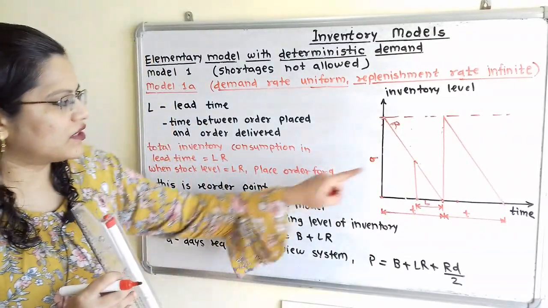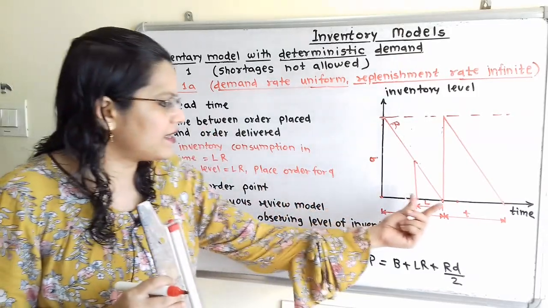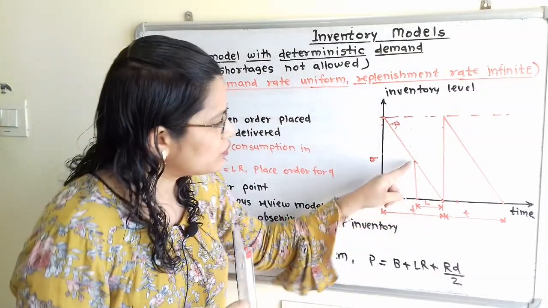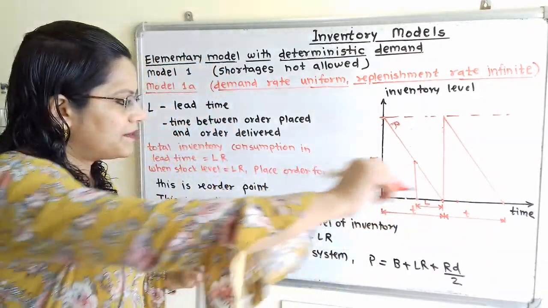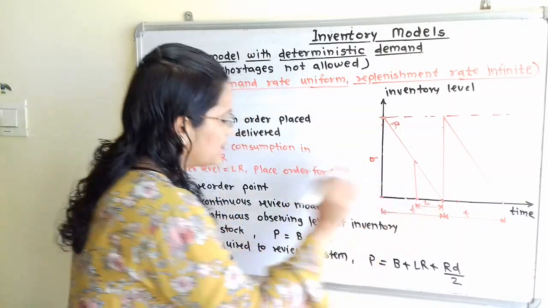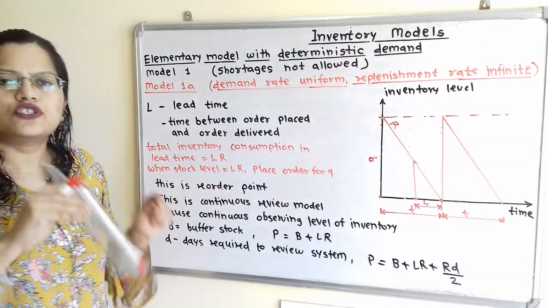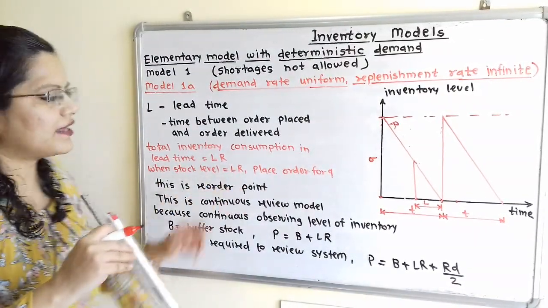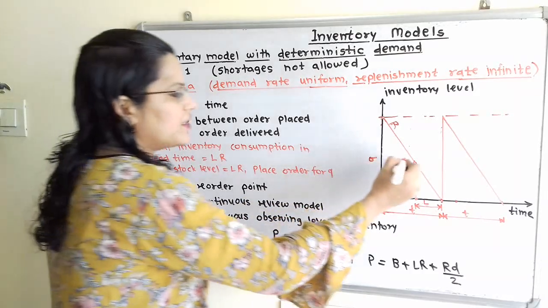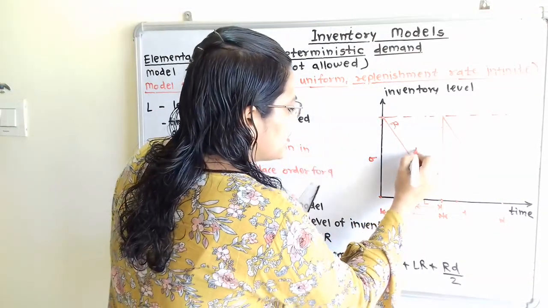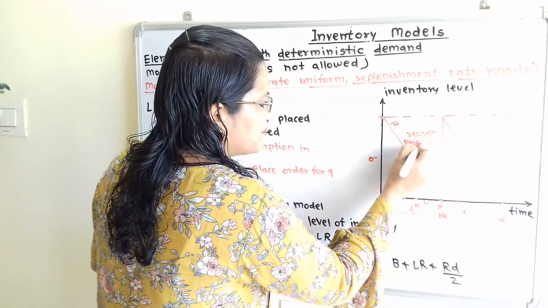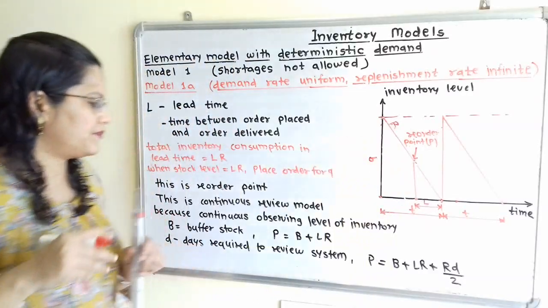Whenever this lead time L is there, the inventory consumption during lead time is L multiplied by R, because this line indicates R. So when stock level becomes equal to LR, then we have to place the order for inventory level Q. This is the reorder point, and its notation is P.